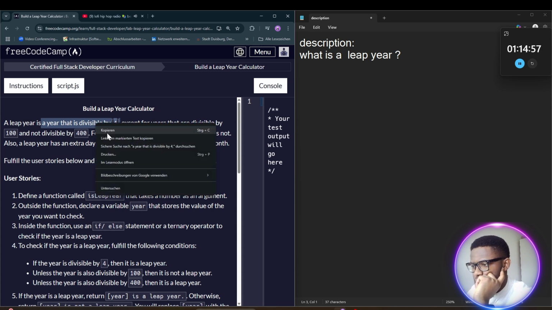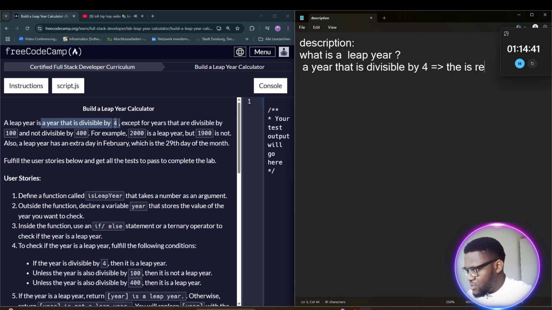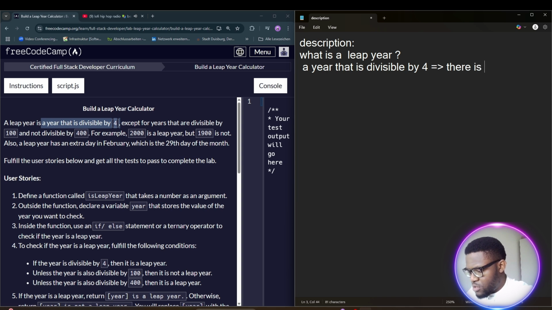Something is divisible by 4 if there's no remainder.